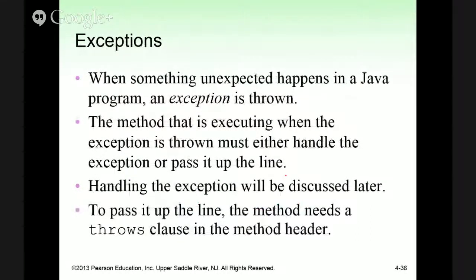An exception is when something unexpected happens in a Java program. And one situation in which that can happen is if we try to open a file that doesn't exist. That would definitely throw an exception. Or if we try to write to a file in a directory that has been restricted and we can't write to it, that would also cause an exception.